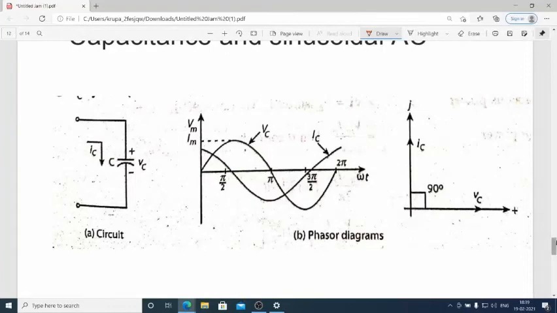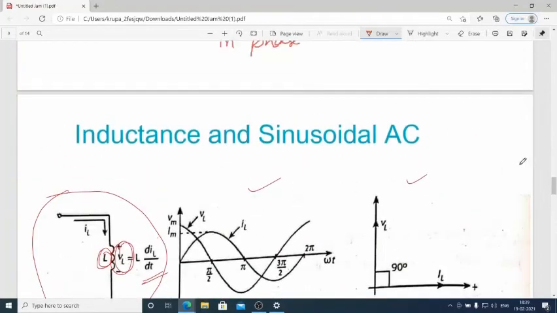So now, before moving to the capacitance characteristics, we will discuss in detail the phasor diagram of the inductance.